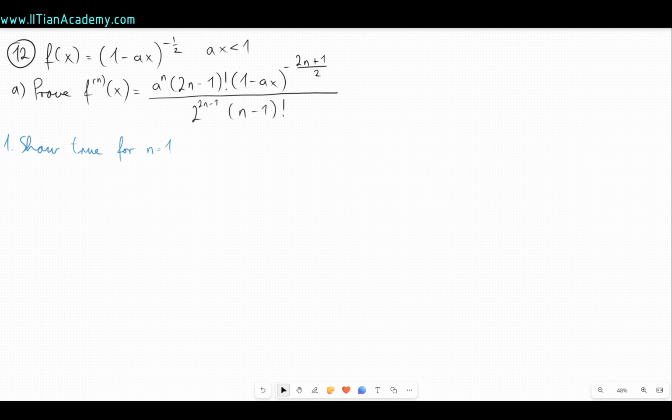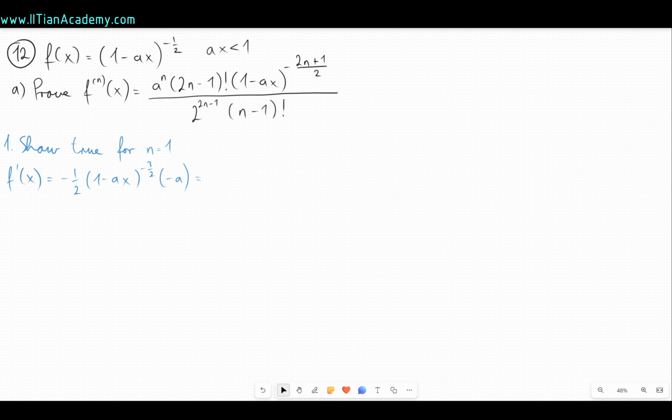So we need to find the first derivative of f of x. So let's find the derivative of this. Firstly, we can use the power rule. This would be minus a half times 1 minus ax to the power of minus 3 over 2. And then the derivative of the inside function is minus a. And then we can plug 1 into this formula as well.